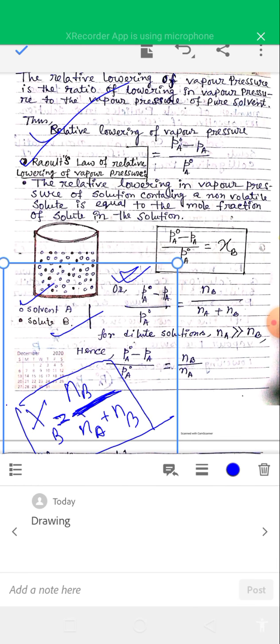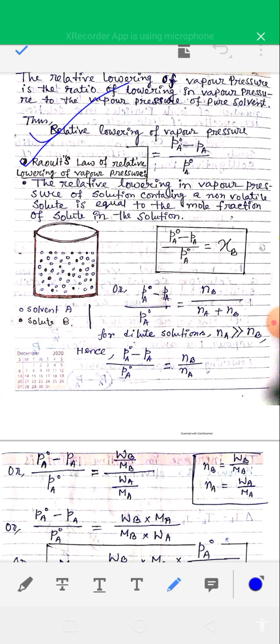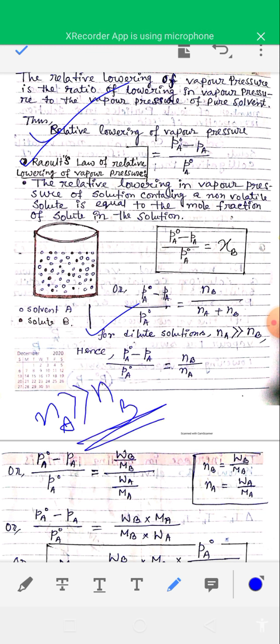Okay, now for dilute solution you can assume that the mole number of solute in the solution is very less than mole number of solvent. For dilute solution you can assume that mole number of non-volatile solute is very less than that of mole number of pure solvent. Okay, so you can assume that Na is greater than Nb for dilute solution.